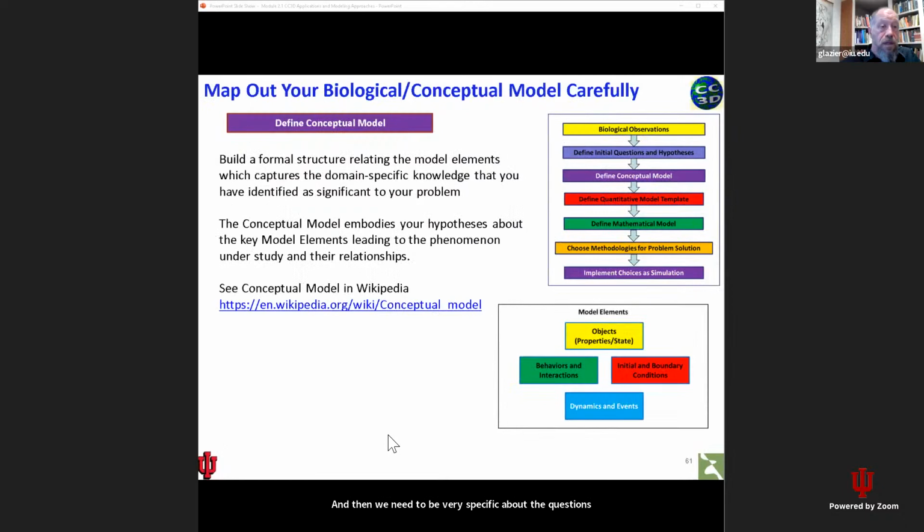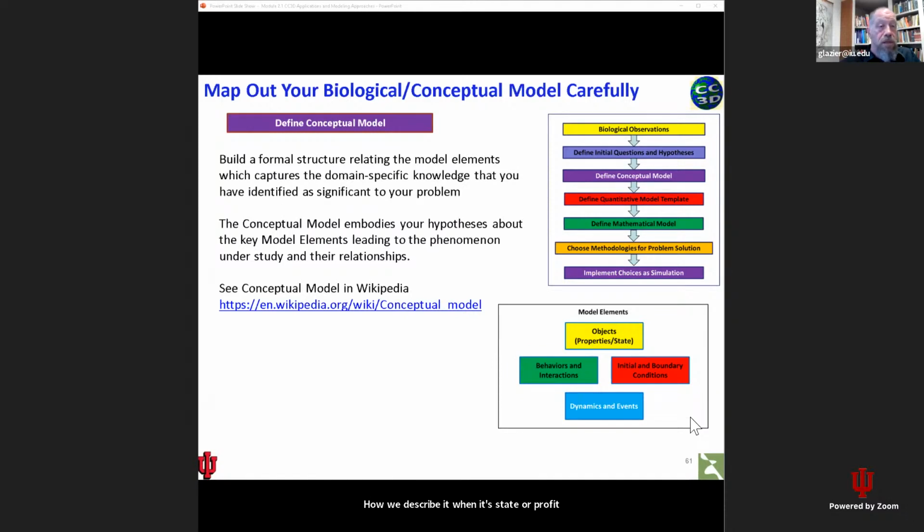The most important thing then is to build what we call a conceptual or biological model. That is what biologists do naturally. It means drawing pictures, defining the components, and defining their relationships. And again, coming back to this diagram, we have to know what it is we're modeling, how we describe it, what its state or properties are.